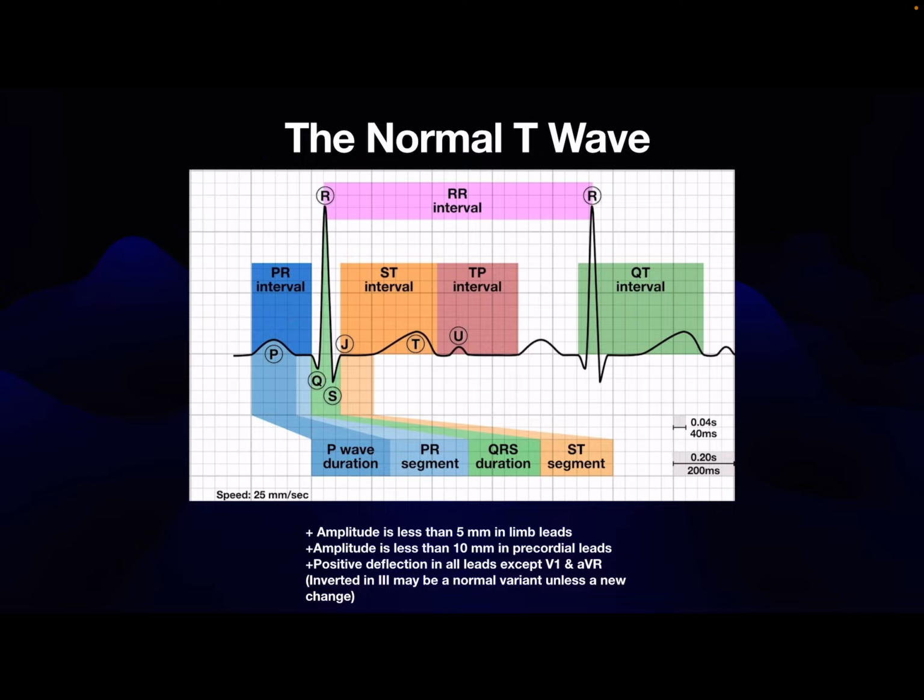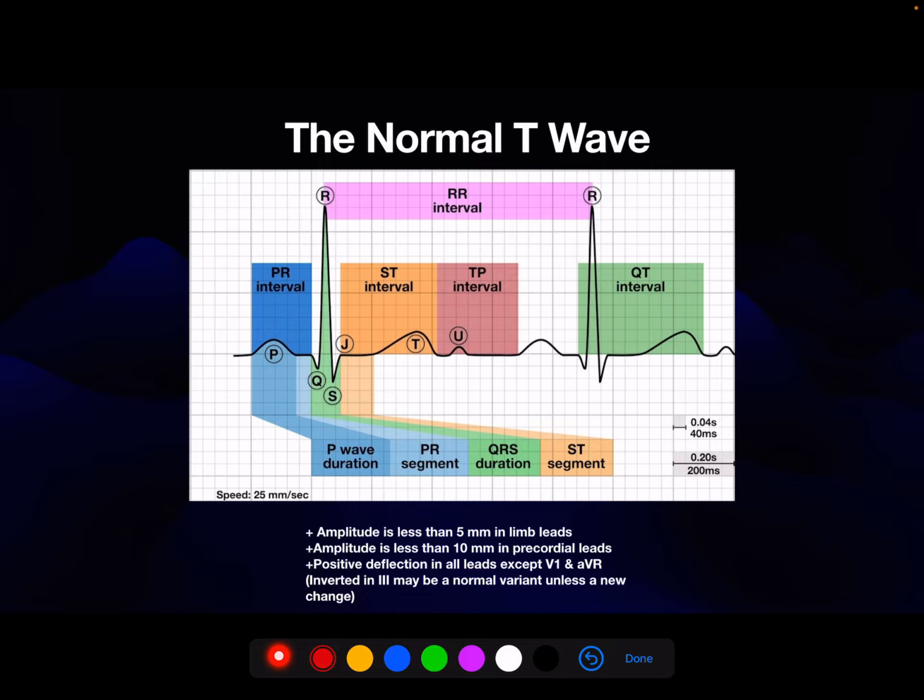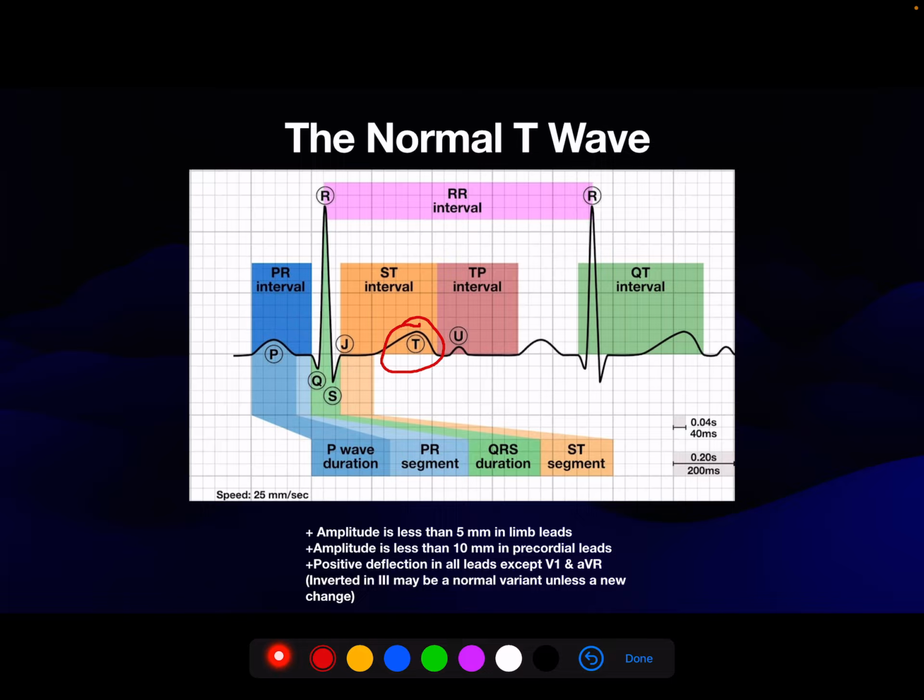So think of the QRS complex as kind of a father figure, if you will, and the T wave as a child. And the child is generally going to be smaller than the parent, at least when you're talking about younger children. So here you have a T wave, and it is relatively small in comparison to the QRS complex.